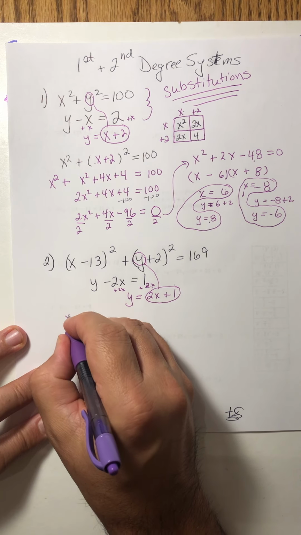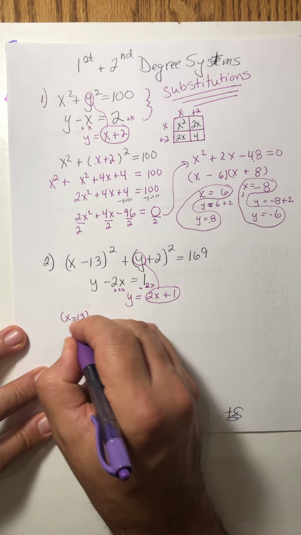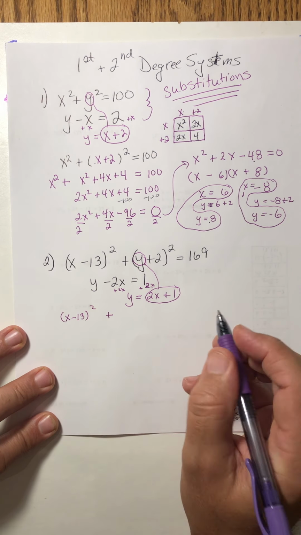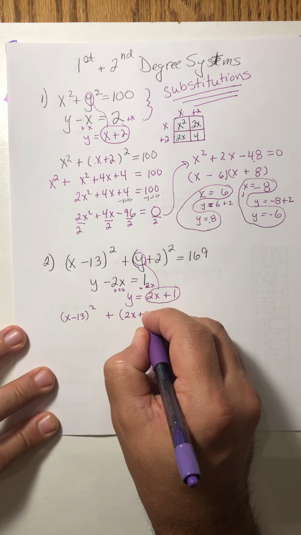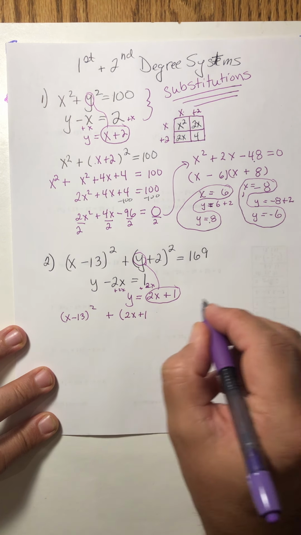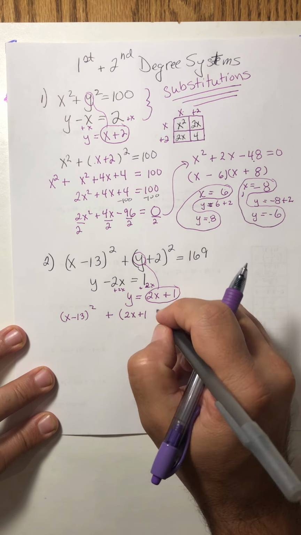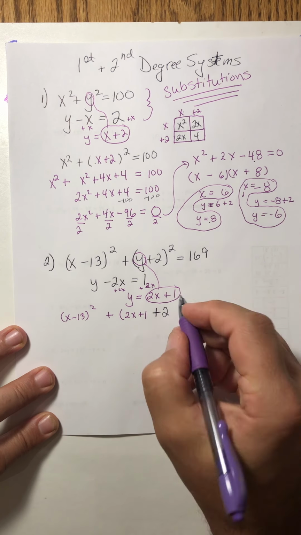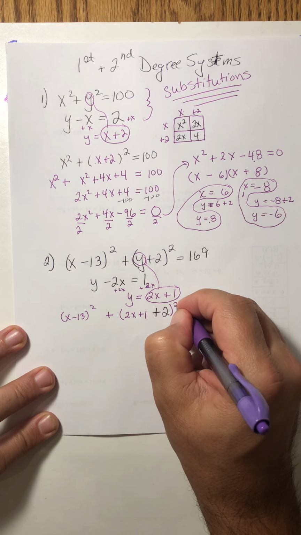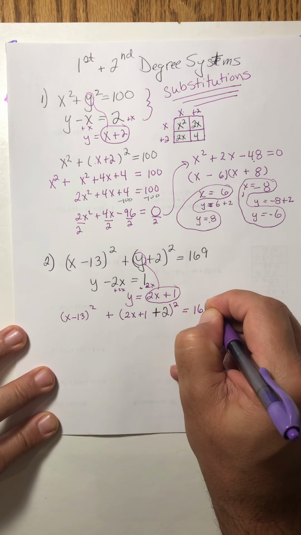So I'm going to write that out. (x minus 13) quantity squared plus, plug in the 2x plus 1, then there's a big fat plus 2. Close the parentheses. Squared equals 169.